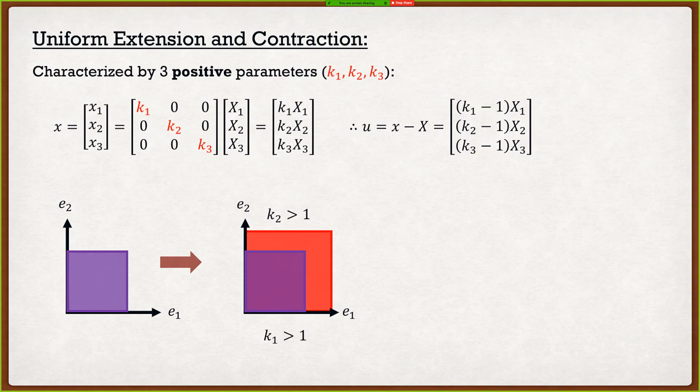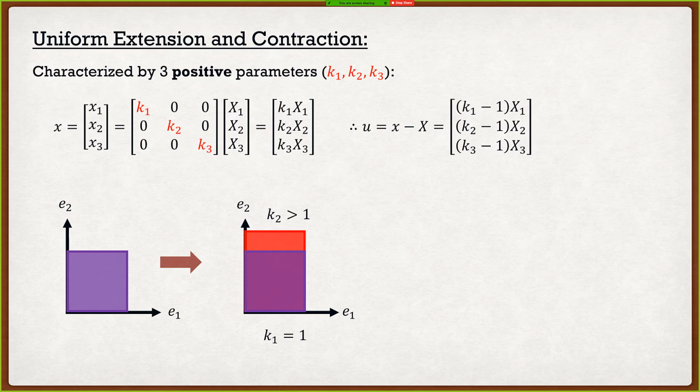Now, to illustrate what we can do with these K parameters, we're going to play around with K1 at the bottom there. Right now we have K1 greater than 1, but if I wanted to, I can change K1 to equal 1. This is a very nice case because we actually don't have any expansion or contraction. The length in the horizontal direction does not change if K1 is equal to 1.